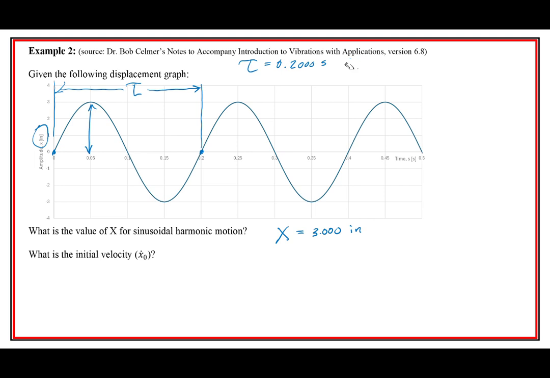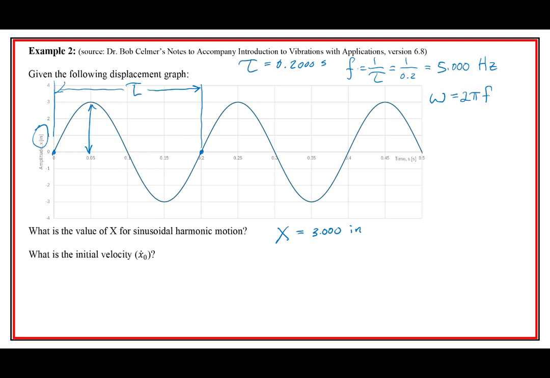So the frequency, okay. The frequency is 1 over the period, or 1 over 0.2, which is going to be equal to 5 hertz, which is going to have an omega of 2 pi, so the circular frequency.